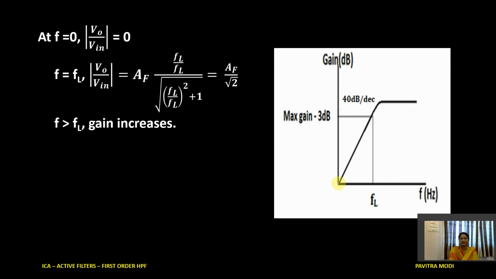Therefore initially it is 0, slowly rises and reaches 1 by root 2 value at the cutoff frequency, and finally becomes constant. And that's how this circuit behaves as a high pass filter.